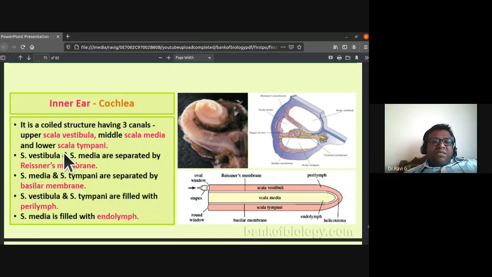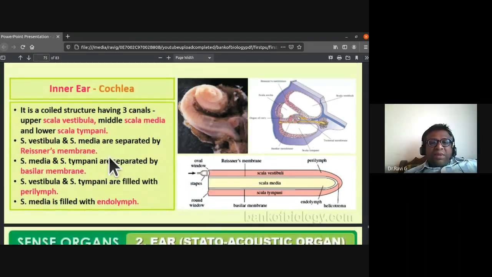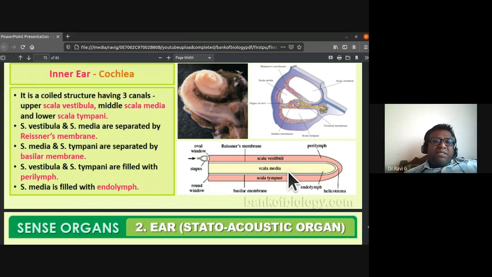The scala vestibuli and scala media are separated by Reissner's membrane. The scala media and scala tympani are separated by the basilar membrane.